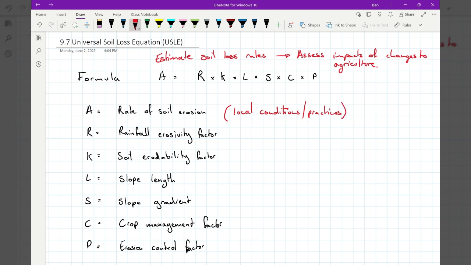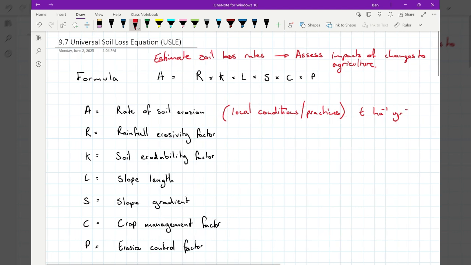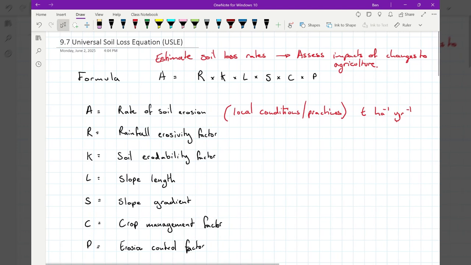The units are in tons per hectare per year. So that's the unit that we need to be aware of. It's always important to remember the units. All the others are factors, which means that they don't necessarily have units to go with them.